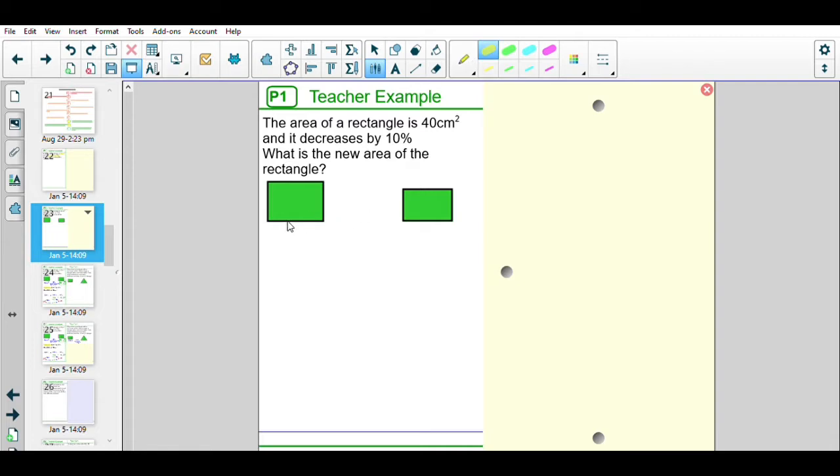So the area of the rectangle is 40 and it decreased by 10%. That means 10% smaller.